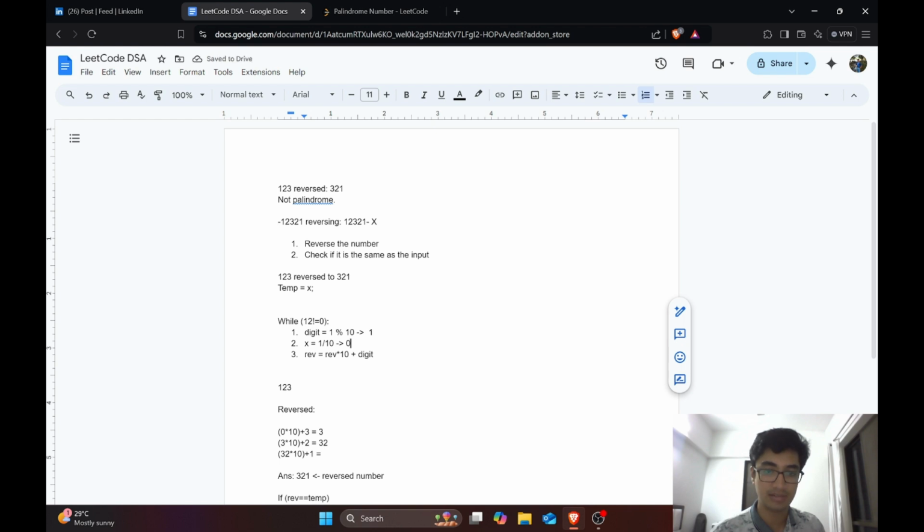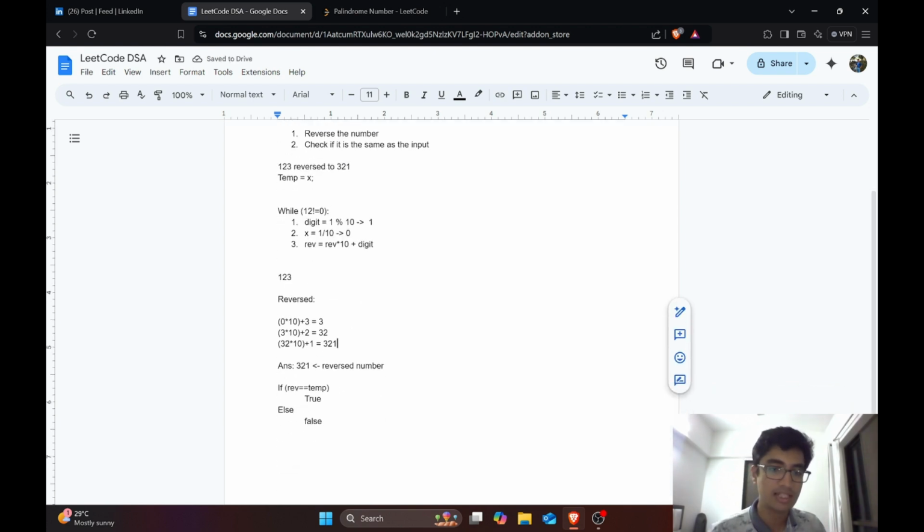And after this is 0, we'll not iterate it once again, right? So now the reverse number is the reverse number multiplied by 10 plus the digit: 32 multiplied by 10 plus 1, which is 321. So the answer is 321. This is the reverse number.